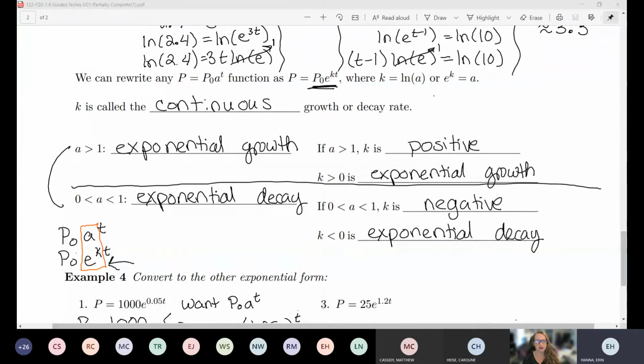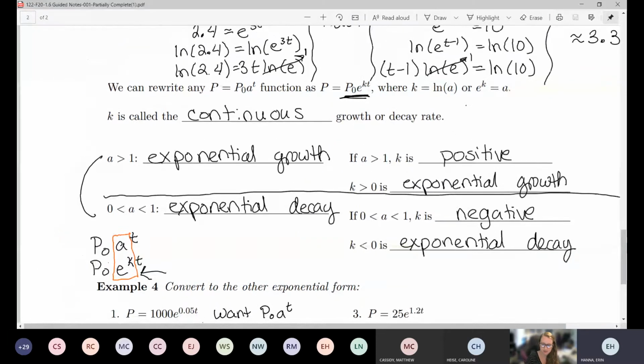So at the end of Wednesday, we started talking about this new form for exponential functions. We've been working with p naught a to the t, and now we're going to introduce this new p naught e to the kt. Technically, they're usually used in different contexts.